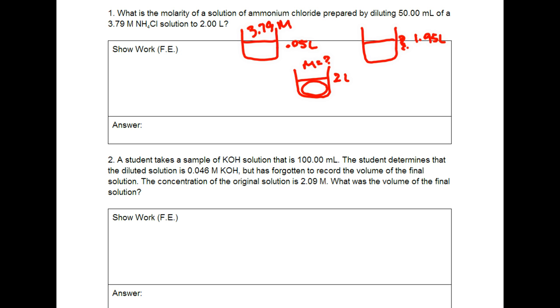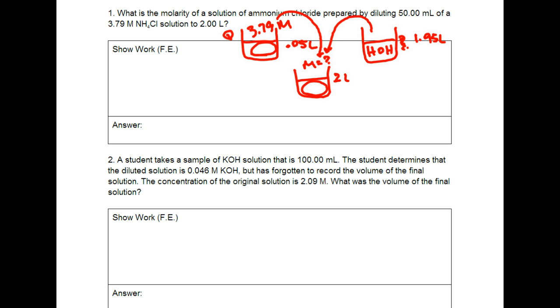Now, if we can figure out how many moles are in this first solution, we can automatically figure out how many moles are in the final solution, because it wouldn't have come from the H2O. It doesn't contribute anything in terms of moles or molarity. Now we need to figure out how many moles are in that first solution.